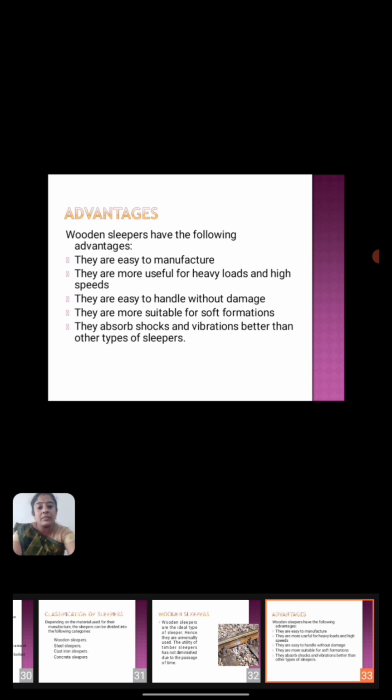The advantages of wooden sleepers are that they are easy to manufacture, and useful to withstand heavy loads and high speeds. They are easy to handle, and suitable for soft formation. If the formation level of the ground is soft, wooden sleepers are preferable, as they can absorb more shock and vibration.